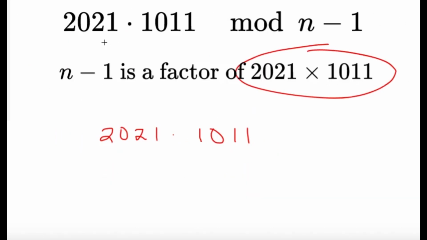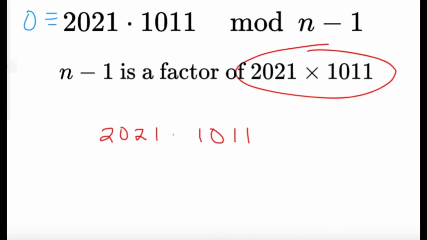Now, we have 2021 times 1011 mod n minus 1, and we know that we want 0 to be congruent to this. So again, we can rephrase this. We would want n minus 1 to be a factor of 2021 times 1011. So now the question turns into finding the factors of 2021 times 1011.